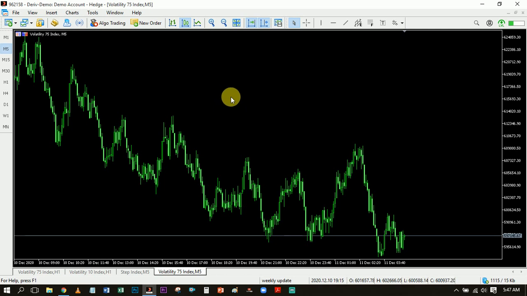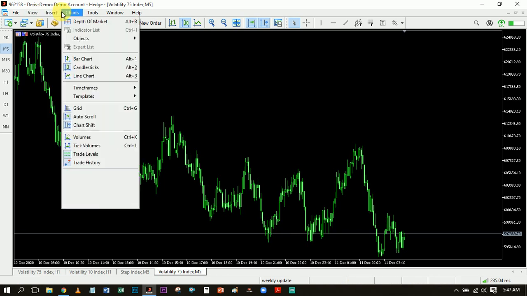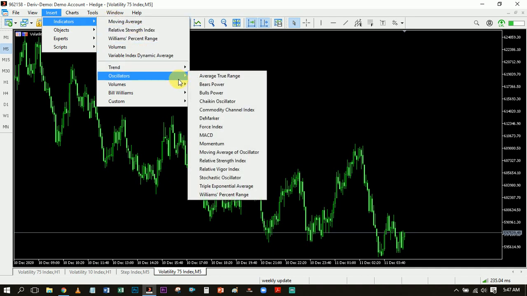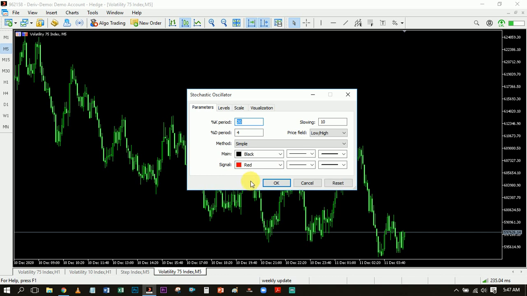Let me first of all set up the chart for you so that you understand how to use it. The first thing you want to do is add your indicator. The only indicator you're going to need is the stochastic.